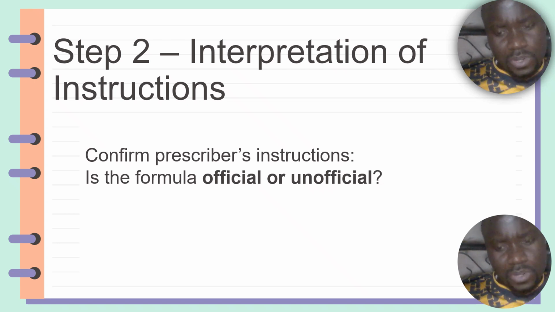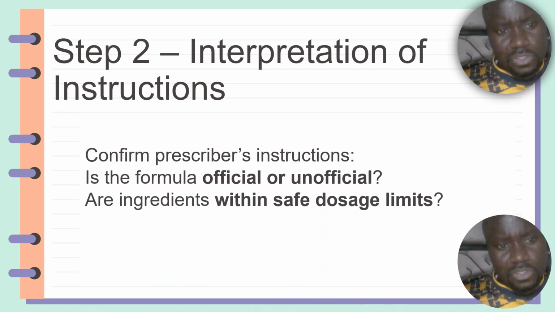If it's official, we are just going to state, for example, if it's BP or is it European Pharmacopoeia, we just state that. But if it's unofficial, then we have to indicate all the ingredients and everything else that comes with that. So it is very, very important we determine whether what is being requested for is official or unofficial.